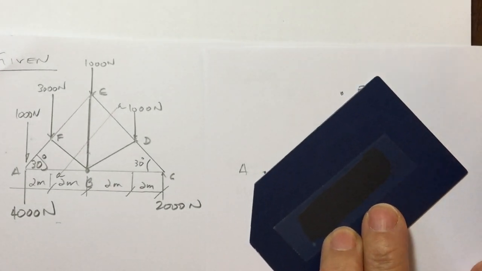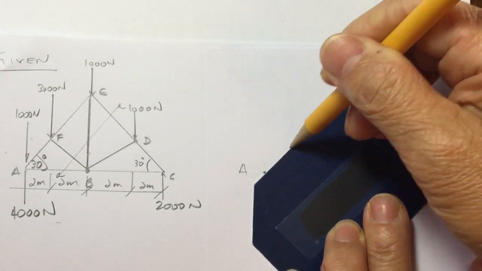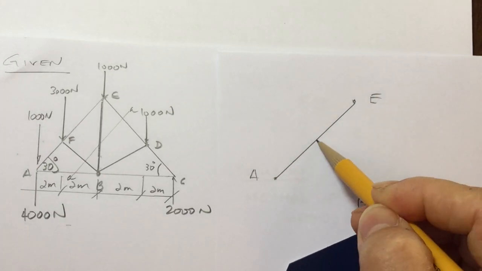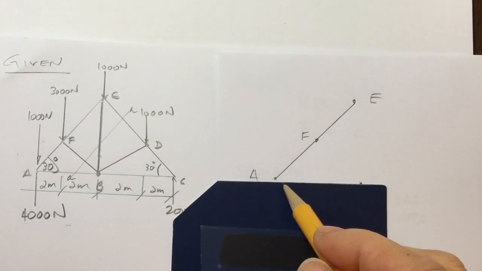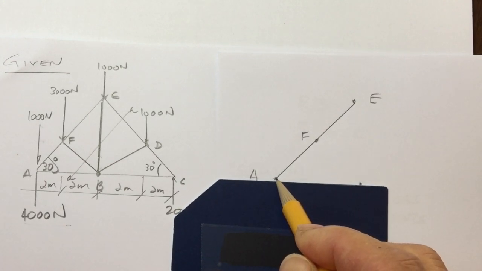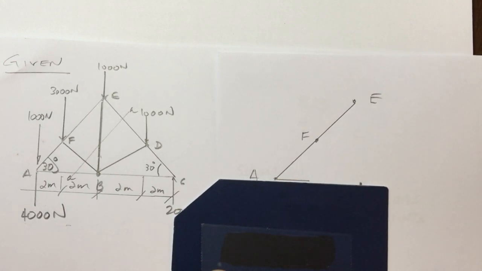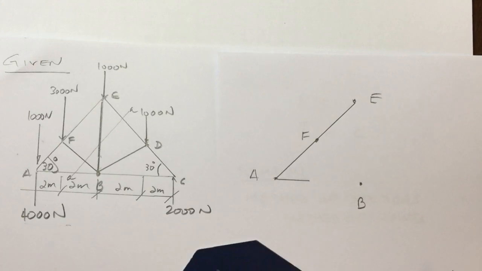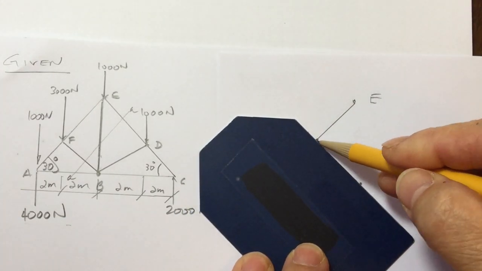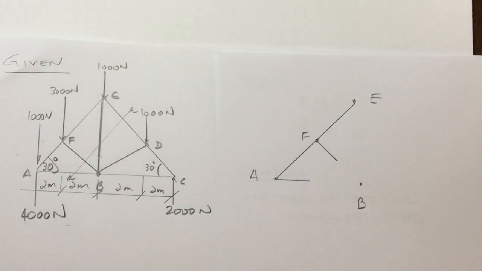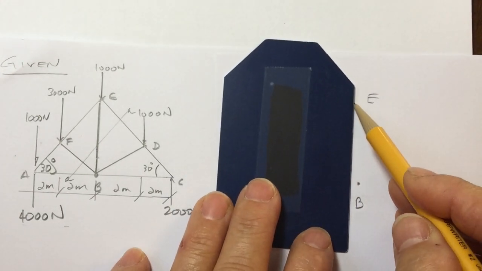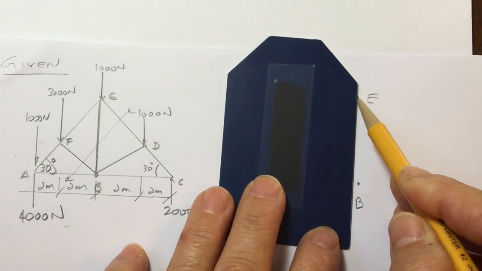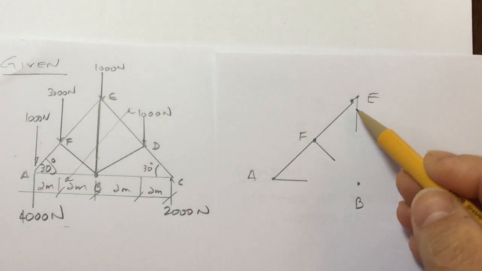then the rest of the members would look something like this, where since I've sectioned it, I only draw a portion of member AB as well as a portion of member FB, and EB as well.